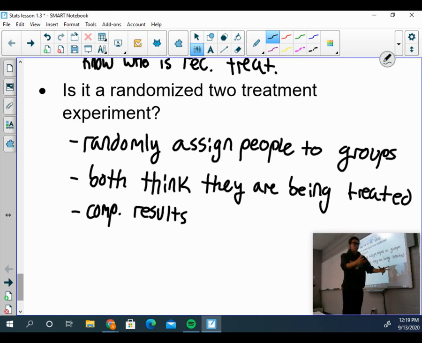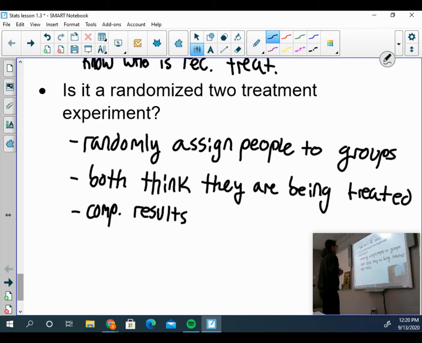If both groups think they're getting better, then maybe my drug doesn't actually work, and it's really just the placebo effect for both groups. Whereas if we only give one group the drug and the control group just never takes it, we don't know if that group getting the drug is getting better because of the placebo effect or because they're actually getting the drug. So by having both groups think they're being treated, then we can control for that placebo effect.